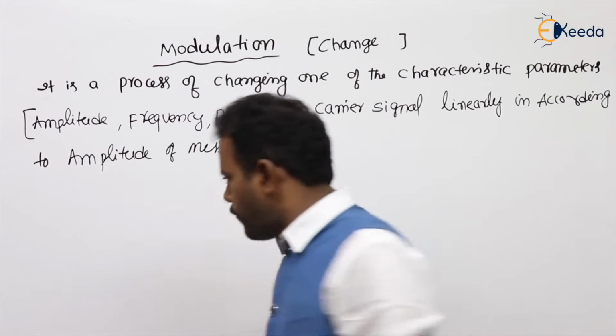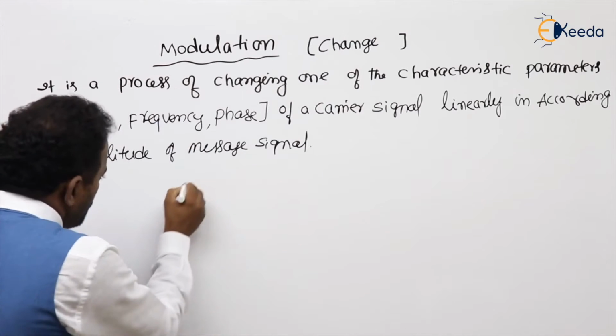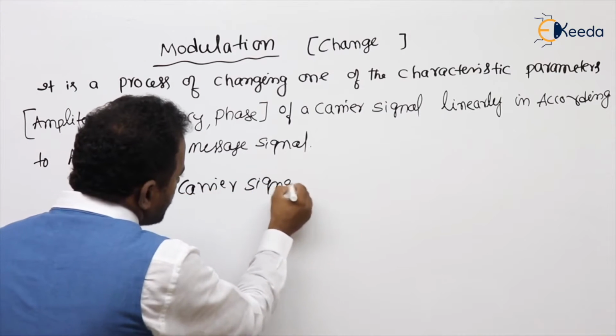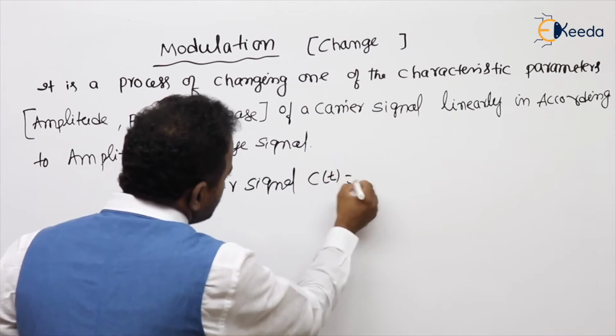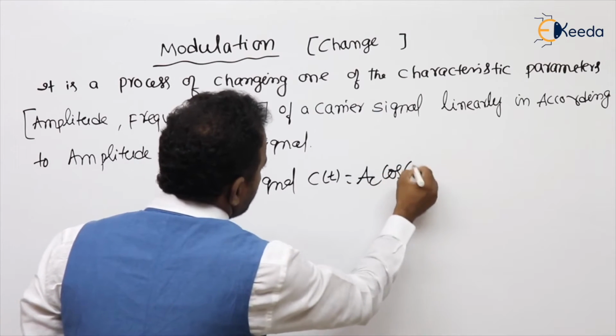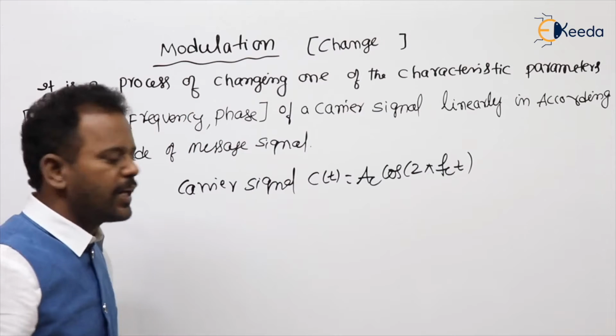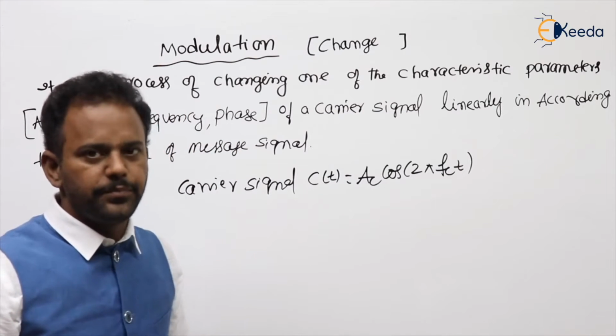For example, let's take a carrier signal c(t) = Ac cos 2π fc t, or sin 2π fc t also we can take. Generally in engineering, we take cos.